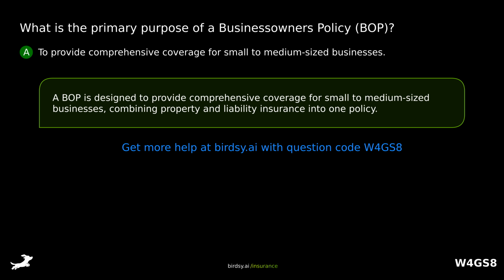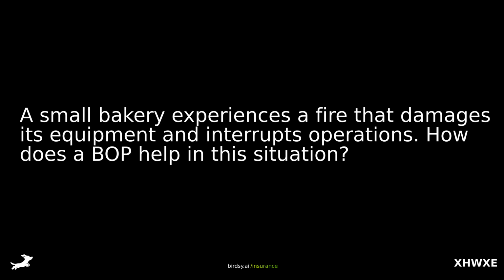A BOP is designed to provide comprehensive coverage for small to medium-sized businesses, combining property and liability insurance into one policy. A small bakery experiences a fire that damages its equipment and interrupts operations. How does a BOP help in this situation?